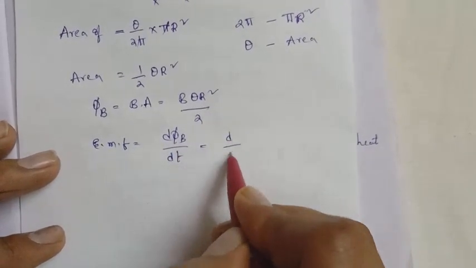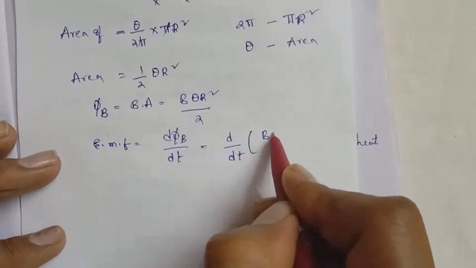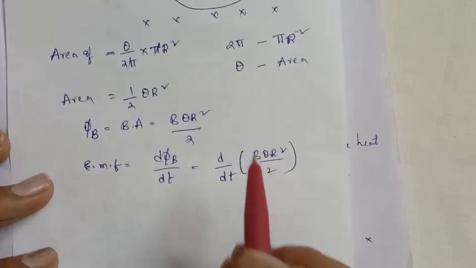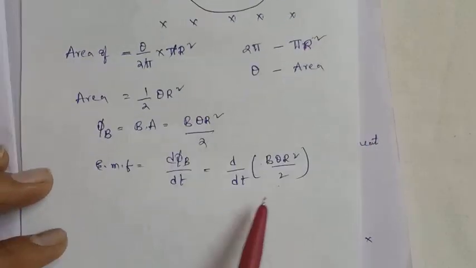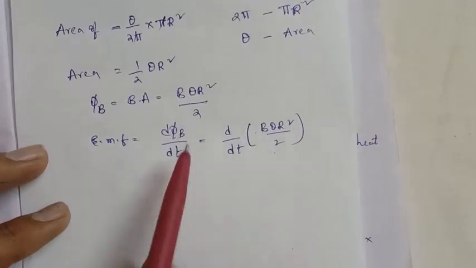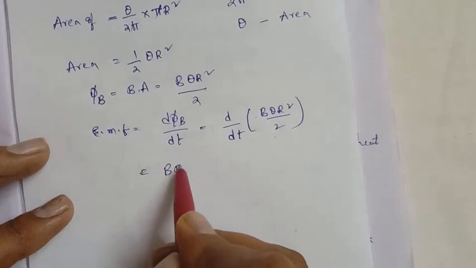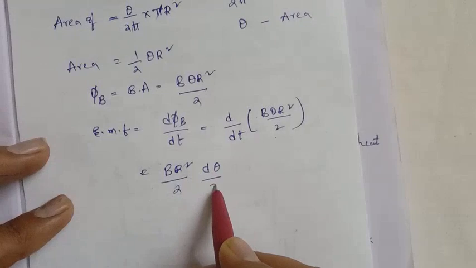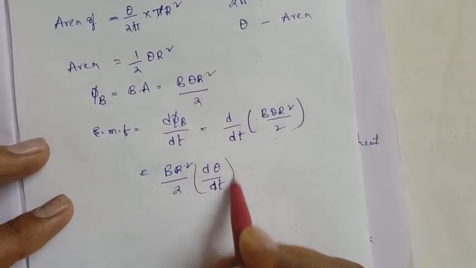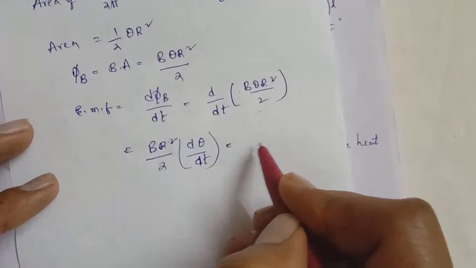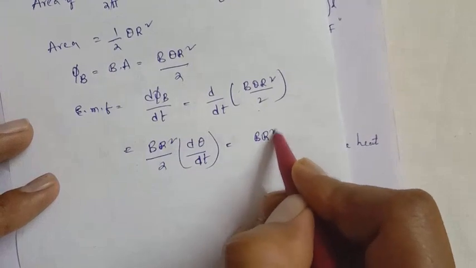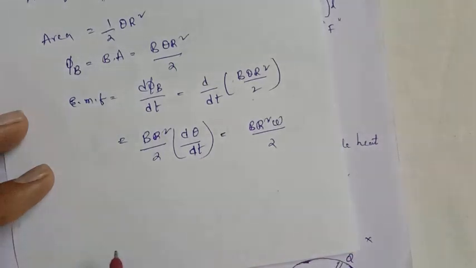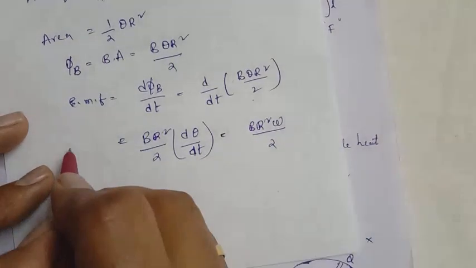So d by dt of B theta R square by 2. B and R by 2 are constant, so I take them outside: B R square by 2 into d theta by dt. d theta by dt is nothing but angular velocity omega, so the induced EMF is B R square omega by 2.